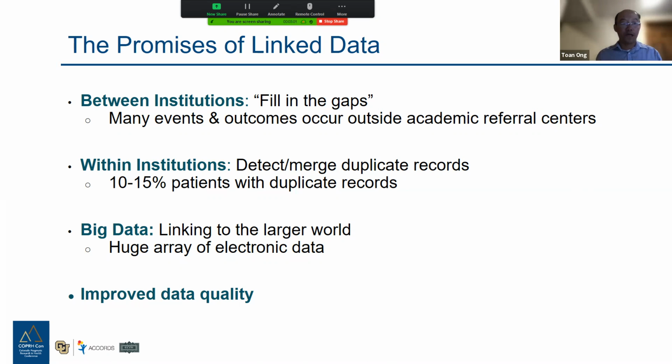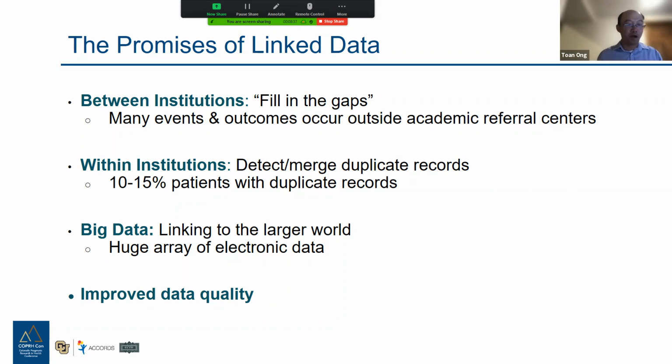The second promise is to make sure that you don't have duplicate records in your own data set. In a hospital, for example, it's very common to find that one patient has more than one record in the system, and it was estimated by the Pew Charitable Trusts that it costs around $100 for the institution to find and deduplicate records.